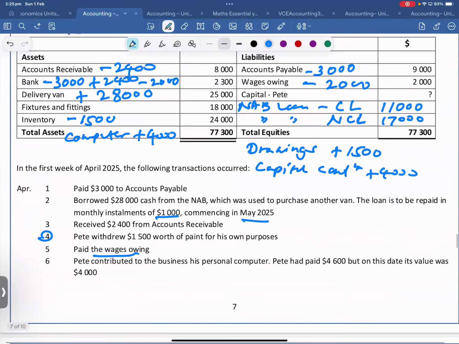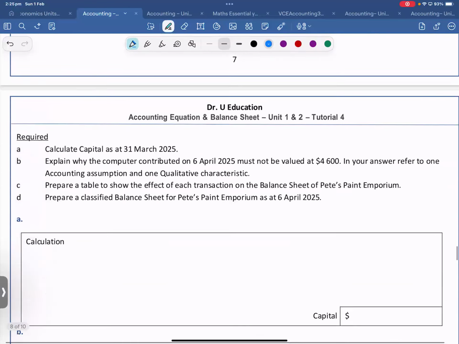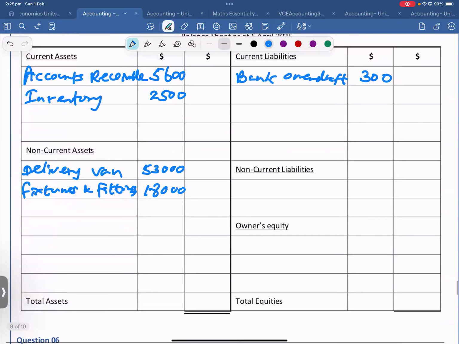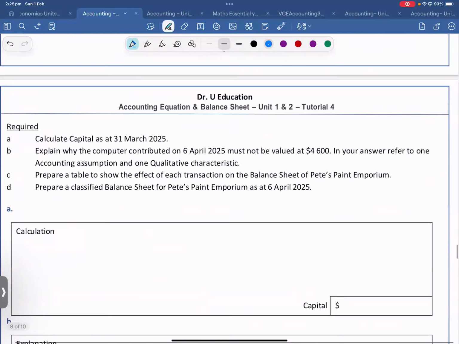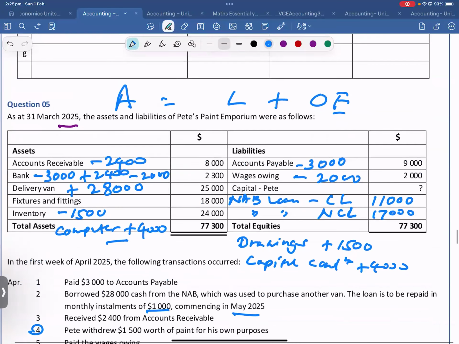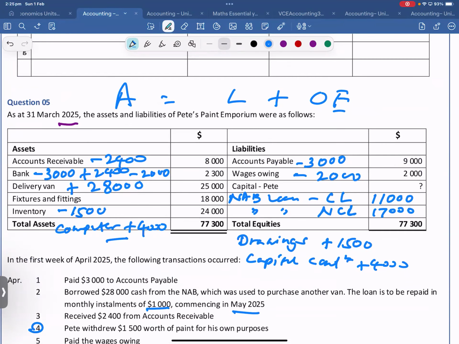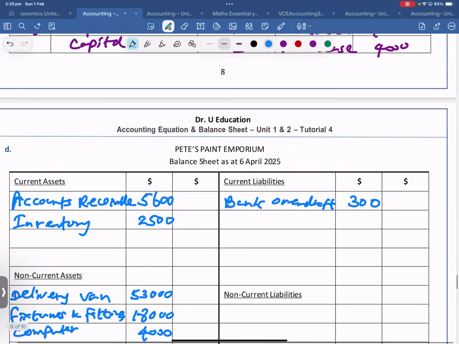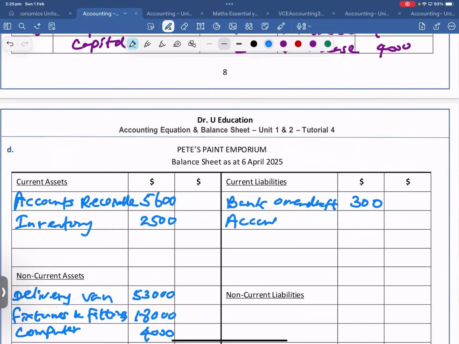Then there's another item, computer. The new one we wrote there, 4,000. So computer, non-current asset, 4,000. Then next one's accounts payable, how much? 6,000. Yes, correct. Accounts payable 6,000.